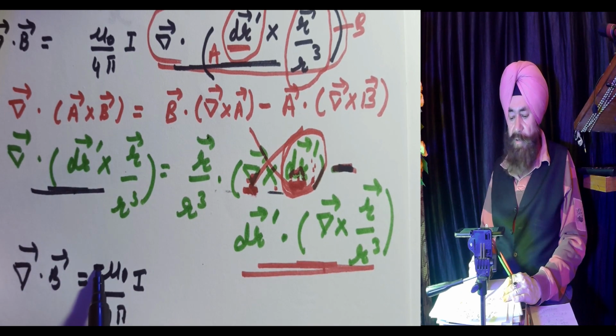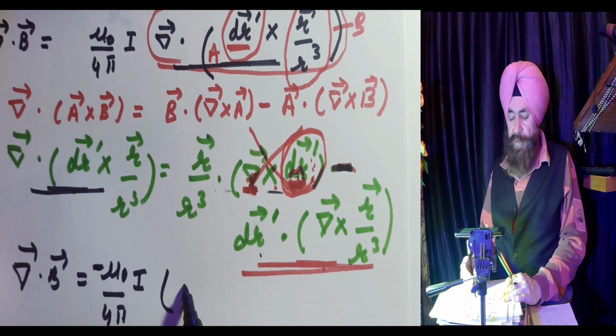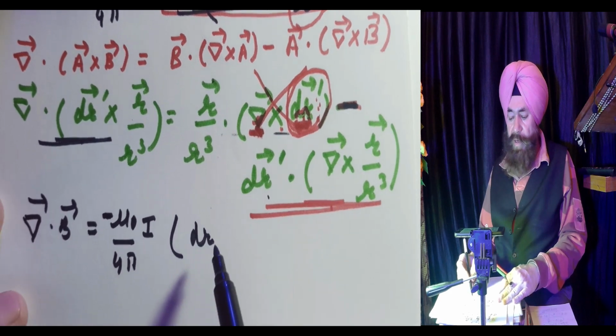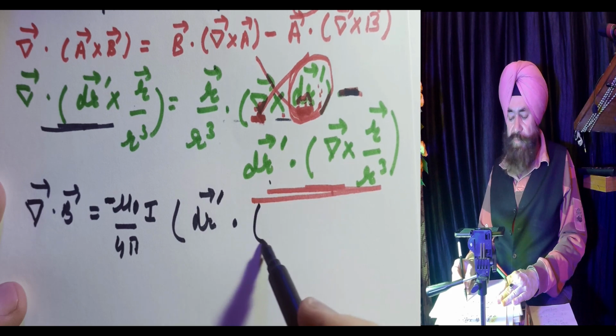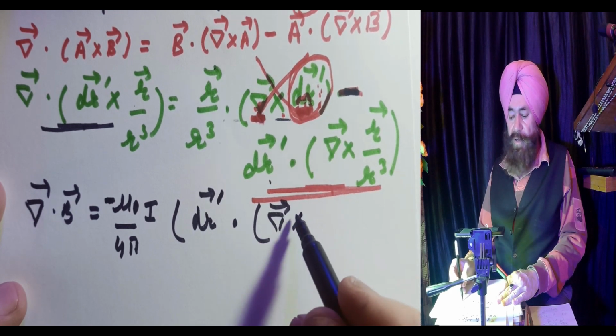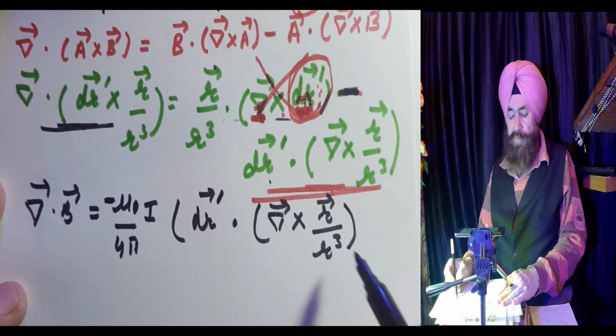Minus sign is here, this minus sign, and then dr dash vector dot del cross r vector upon r cube.